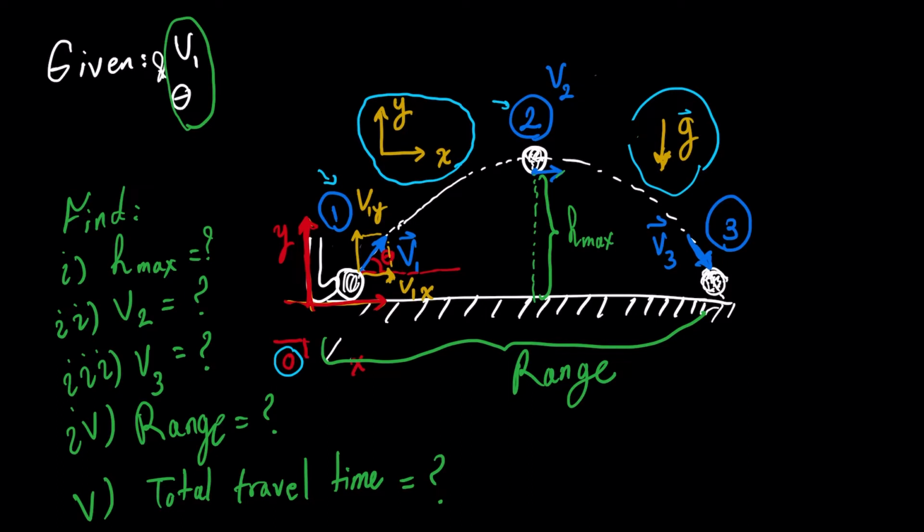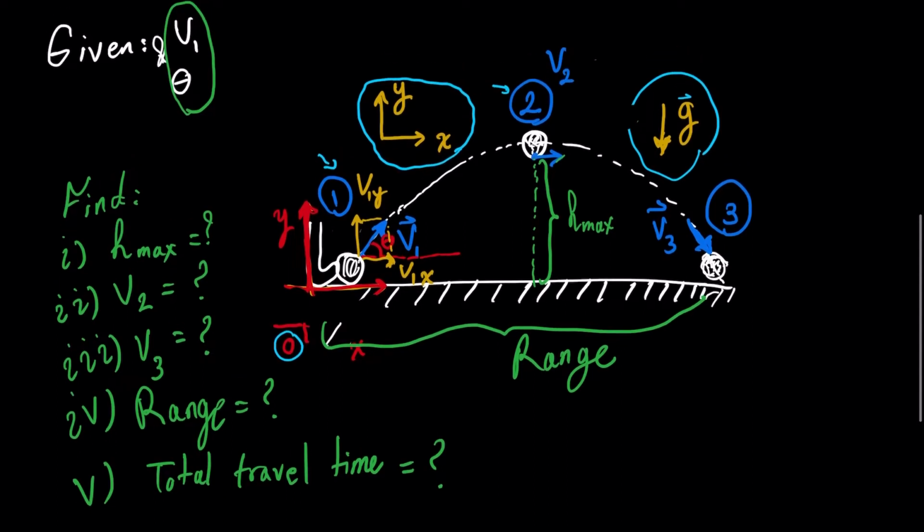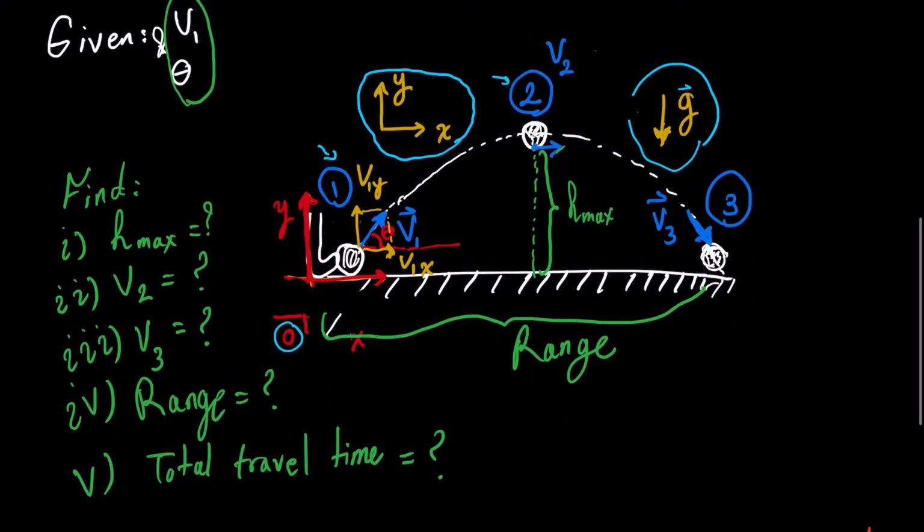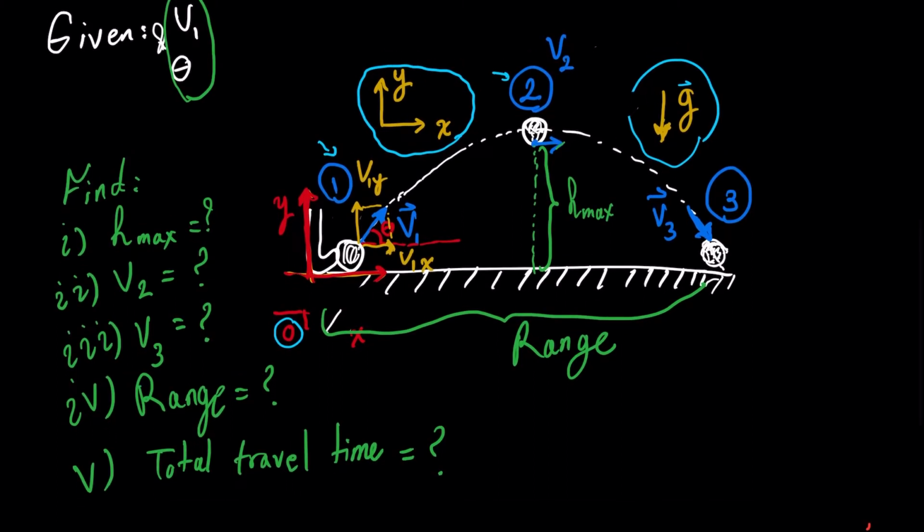This is the maximum elevation that the projectile will reach. We're going to do this one step at a time. Question two is asking us what is V2. So number one and number two are very related. We're going to go ahead and solve for number one, which is H max equals question mark.